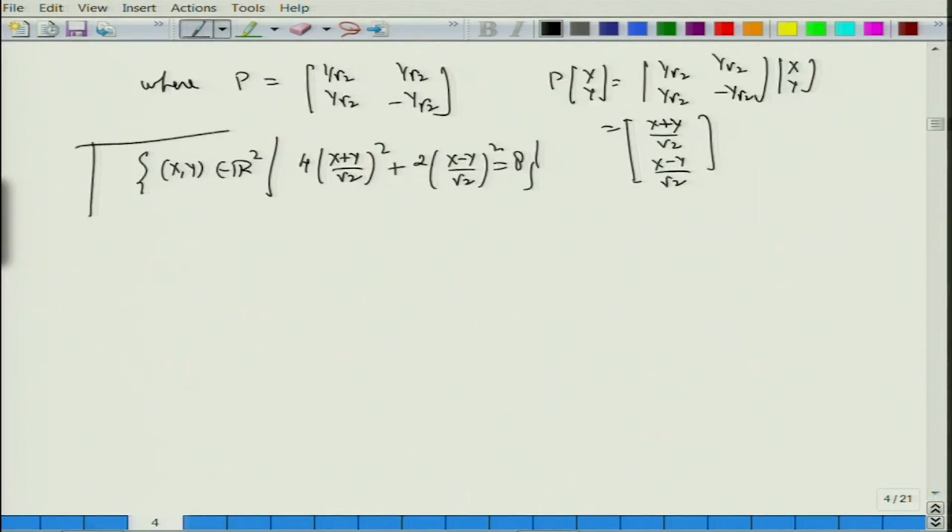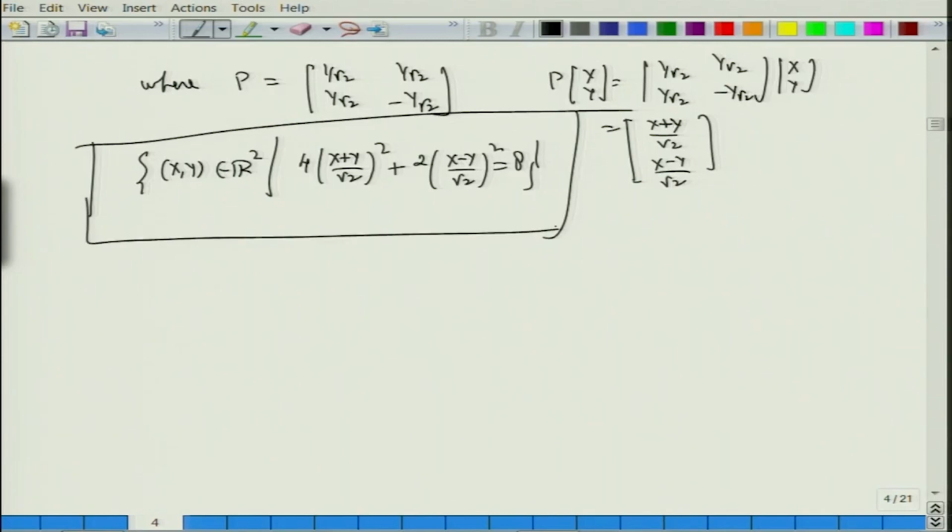So, I am looking at this curve now. The curve that I was looking at is this curve itself, all right. So, you can see here now it is nothing but ((x plus y) upon root 2) whole square divided by 8 upon 4, plus ((x minus y) upon root 2) whole square divided by 8 upon 2, is equal to 1.